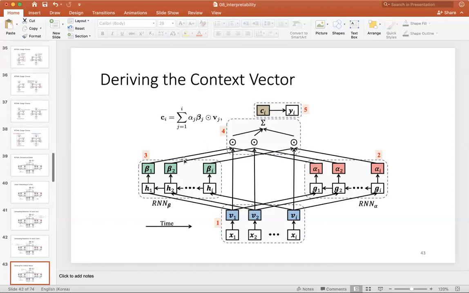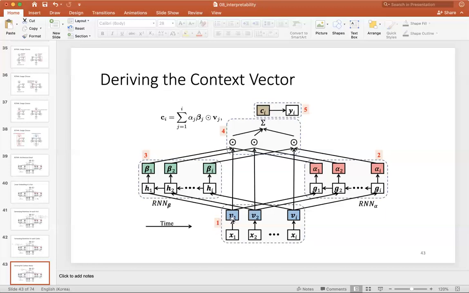All right. Once you have the alphas, the betas and the V's, you have everything prepared. You just multiply everything together and sum them up. Betas are vectors, V's are vectors, so you do a Hadamard product, a coordinate-wise multiplication. You multiply the first dimension of beta by the first dimension of V, the second dimension of beta by the second dimension of V, and you do that for the entire dimension.